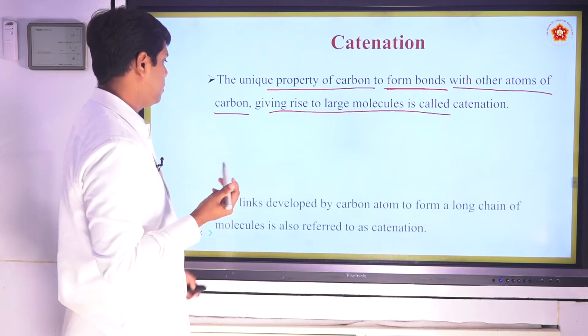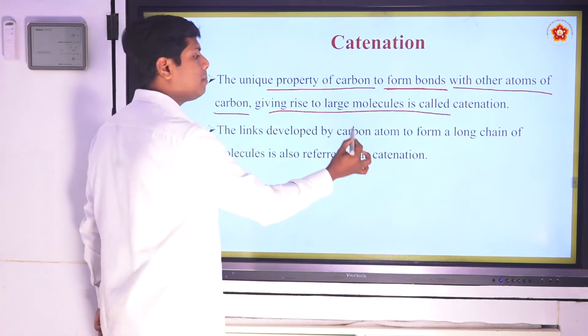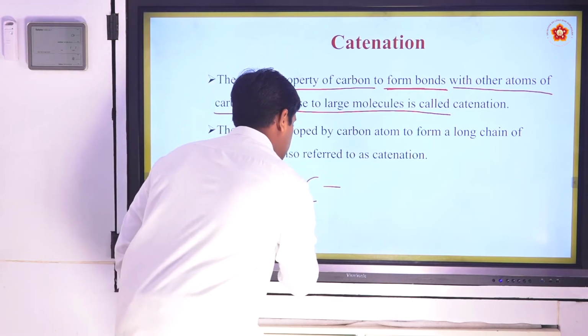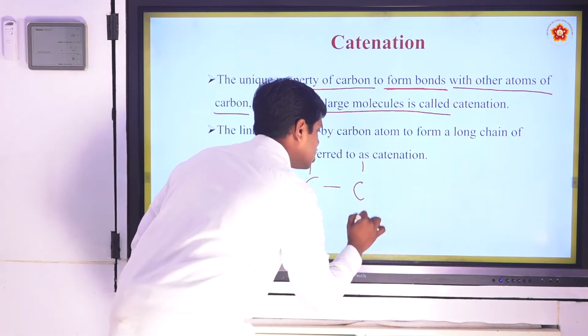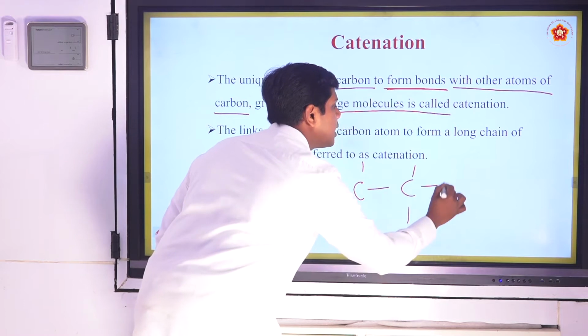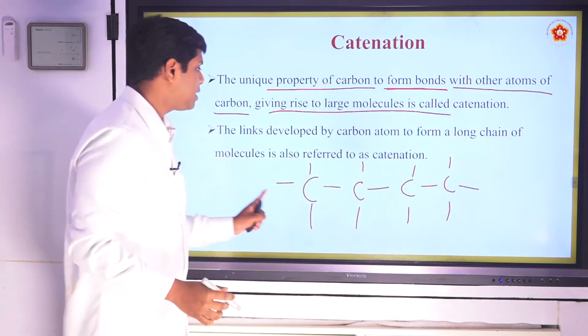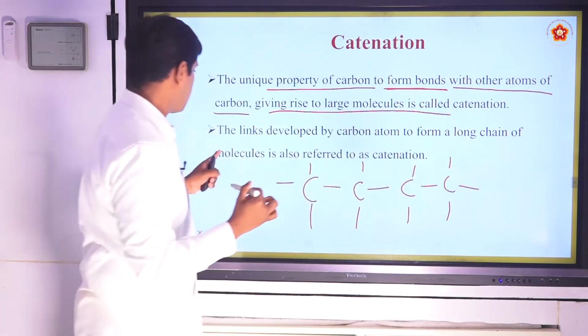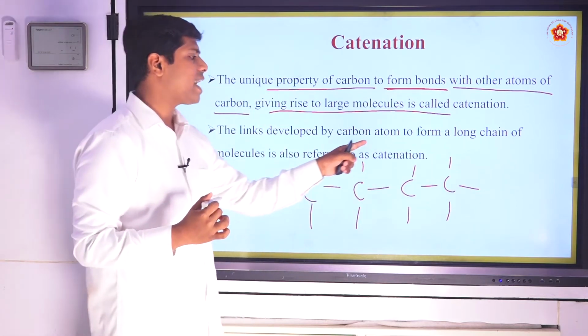One more definition: the links developed by carbon atoms, links like this, the links developed by the carbon atoms to form long chains of molecules is also referred to as catenation.